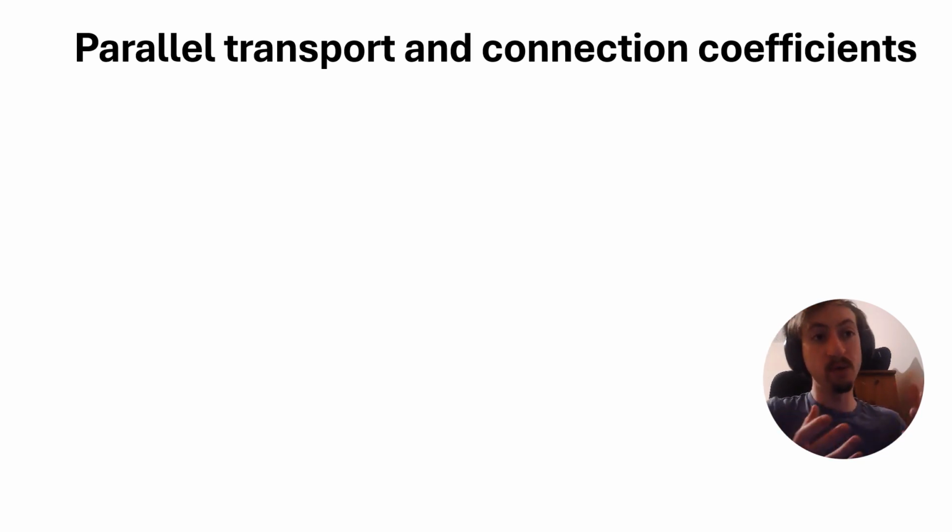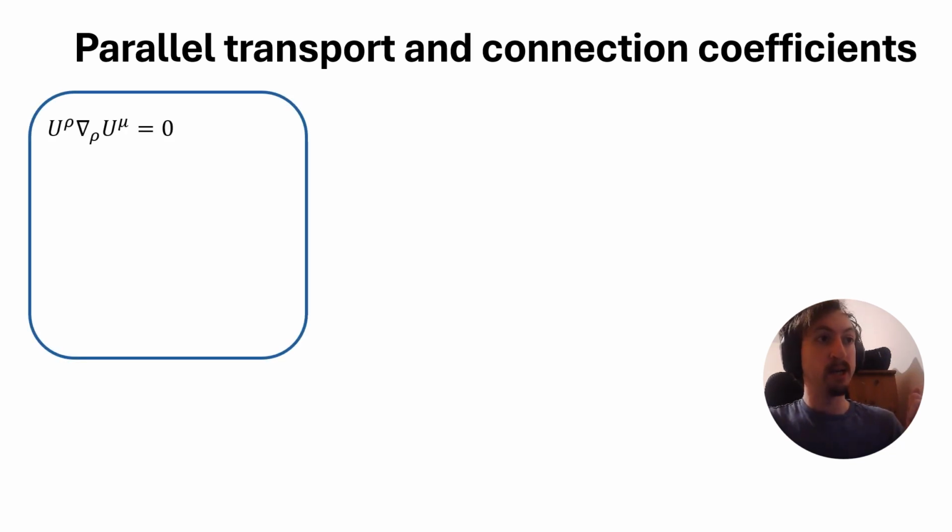So if we want to describe the motion of something through a gravitational field, we just take that idea and write that mathematically. So we had an equation for parallel transporting four-velocity, and our equation looks something like that.